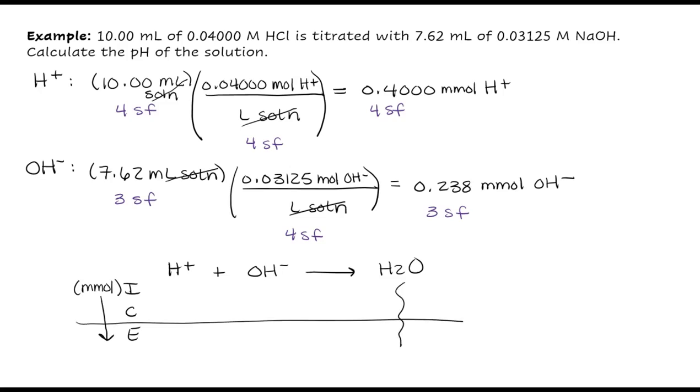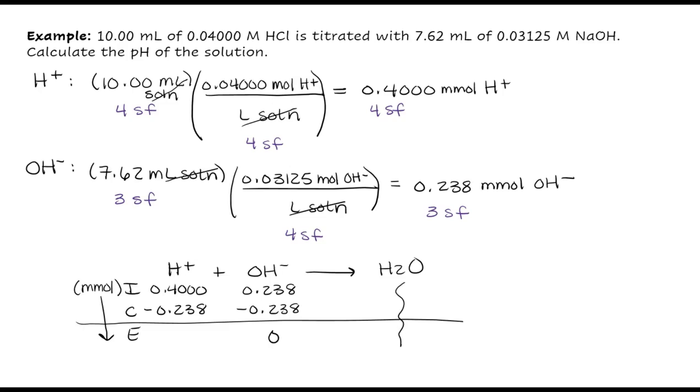Because the water is a pure liquid, it doesn't enter into our calculation, and so we just draw a line through it. For our H plus, we had 0.4000. Hydroxide, we had 0.238. The change row will be subtracting the smaller number, which will be the 0.238, and we subtract that from each reactant. So we put a minus 0.238 for both of the change rows.